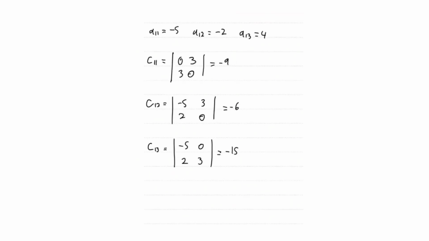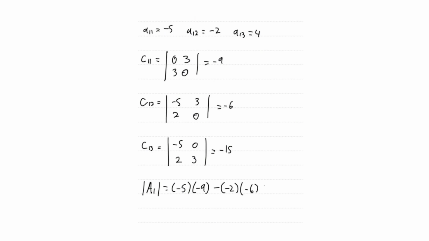After we get all the cofactors and also the a values, we put them in the formula, which is determinant of A1 equals -5 times -9 minus -2 times -6 plus 4 times -15, and we get -27.